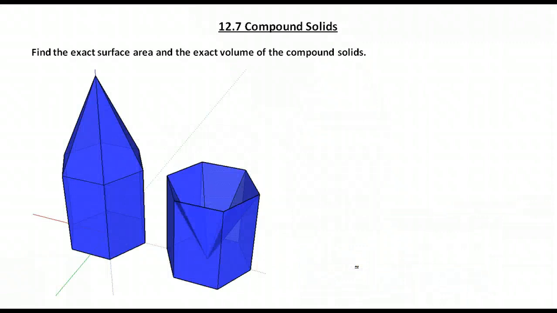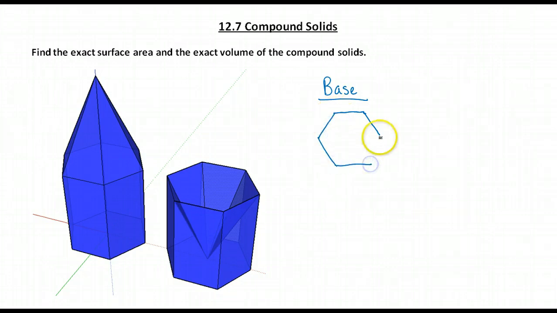Step 1 is to identify the base shape. In this case, both of our bases are hexagons. After we find the base, we want to find the perimeter of that base.